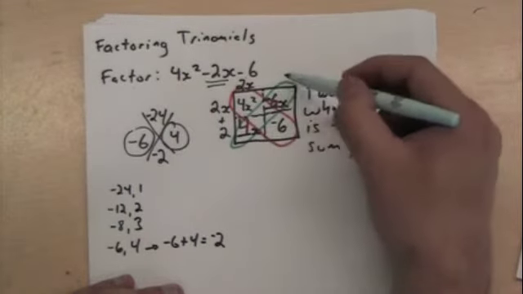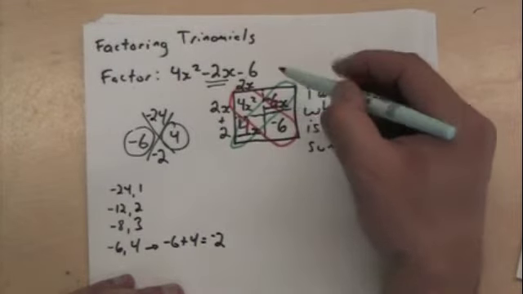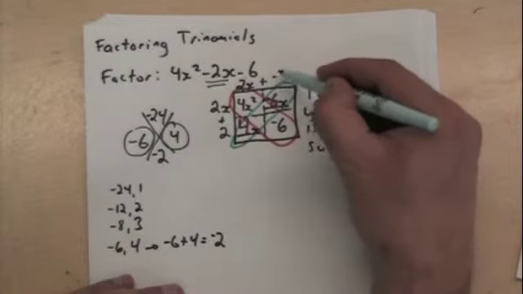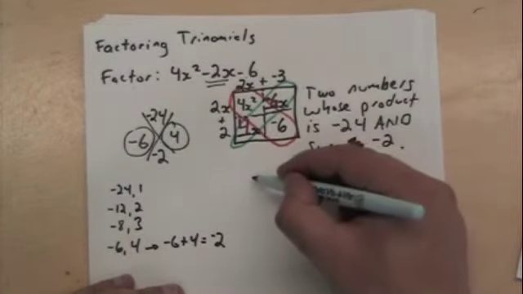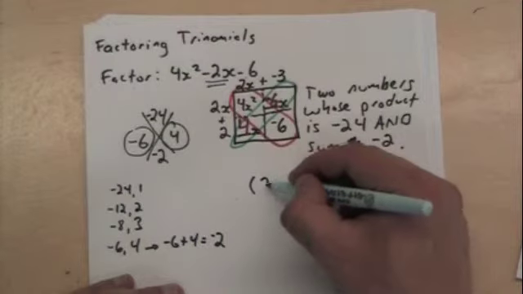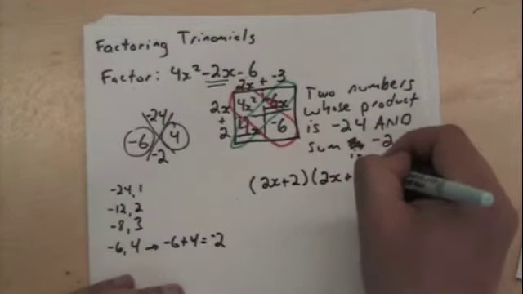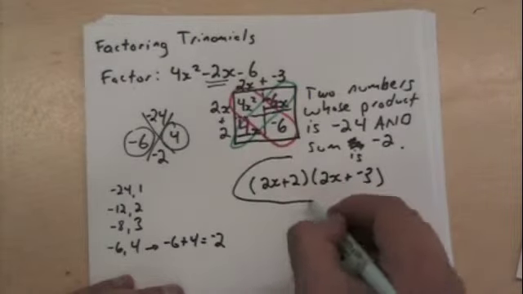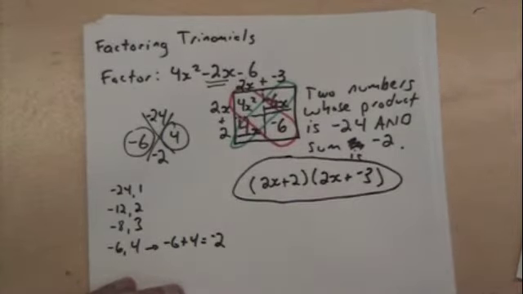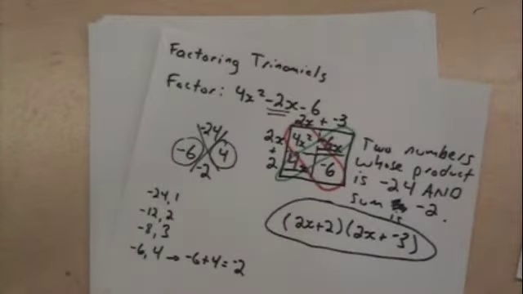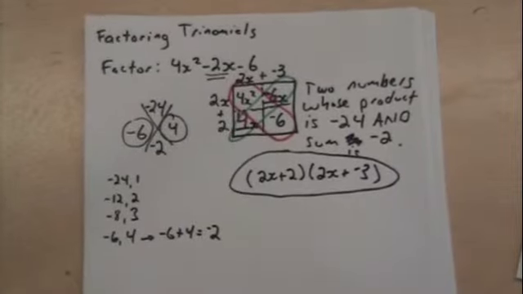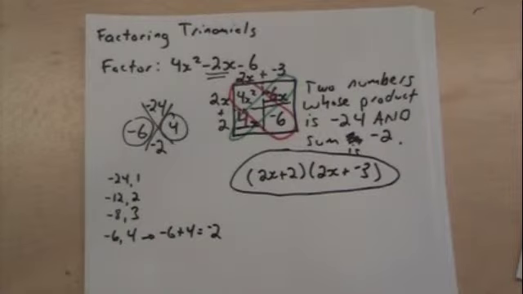Well, 2x times this has to equal negative 6x, so this has to be negative 3. So my factors are 2x plus 2 times 2x plus negative 3. And there you have it. You have factored that one trinomial into the product of two binomials.